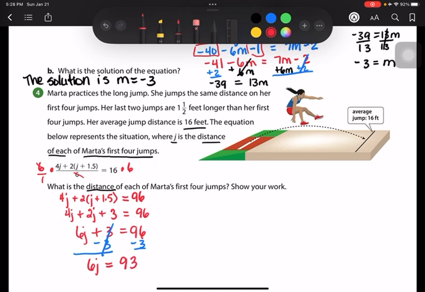Now we're going to divide both sides by 6.